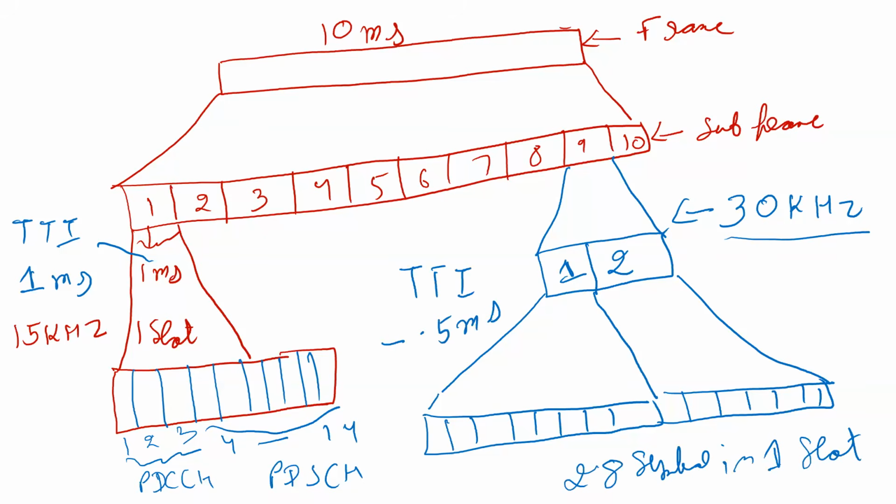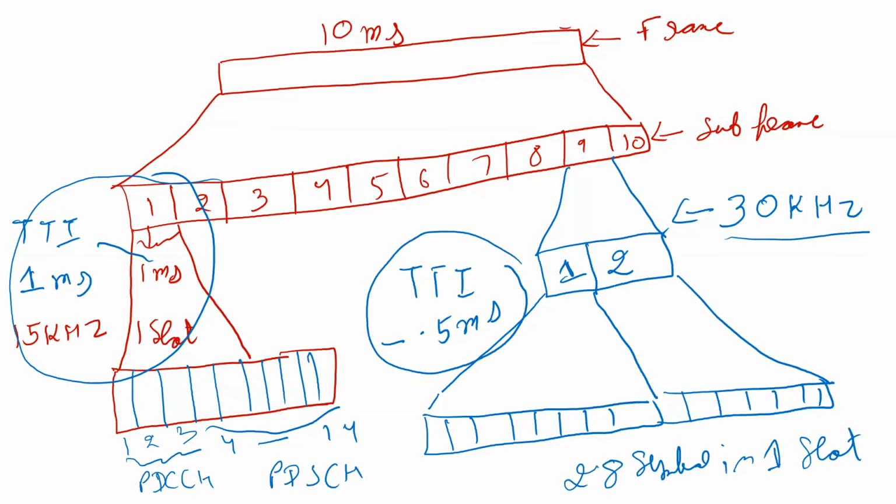This is good for 15 kilohertz. But what if I decide to deploy 30 kilohertz spacing? If there are 14 symbols in 1 millisecond in 15 kilohertz spacing, what will happen to the symbol time if I double the subcarrier spacing? The symbol time will reduce to half. Why is this important? Because we know what TTI is. TTI is how often the scheduler can make a decision.